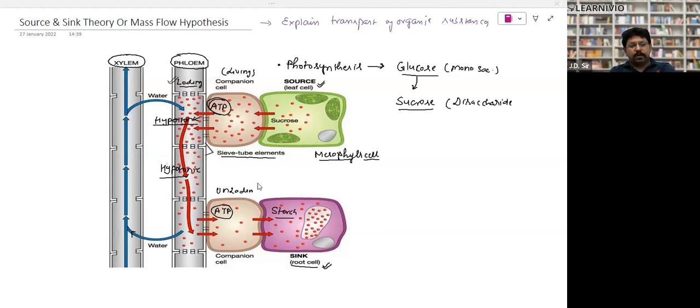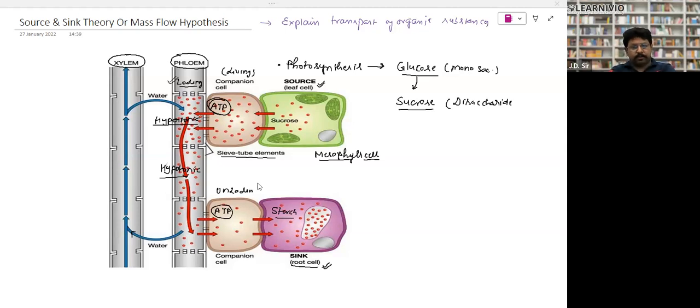Full stop. The phenomenon of transferring food is called unloading. Full stop.